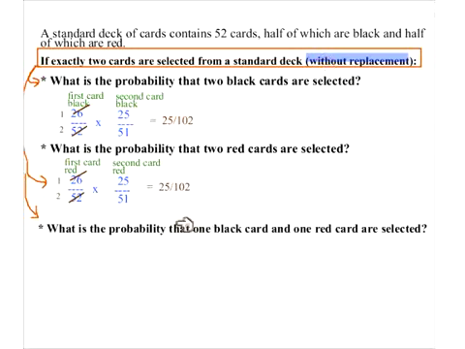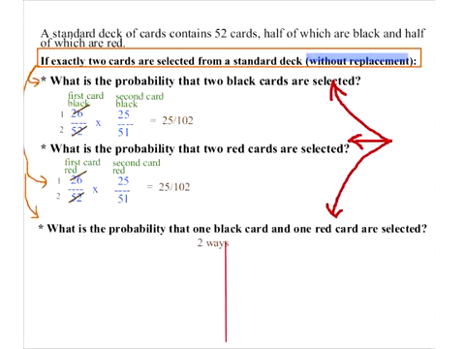So, okay, let's look at this one. What's the probability that 1 black card and 1 red card are selected? Well, let's do this in 2 ways. The first way we can do this is to realize that among these 3 options, we've got all possibilities.